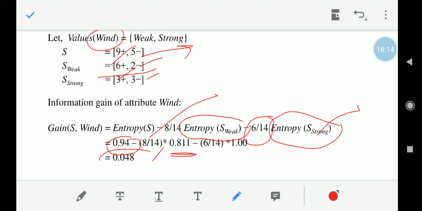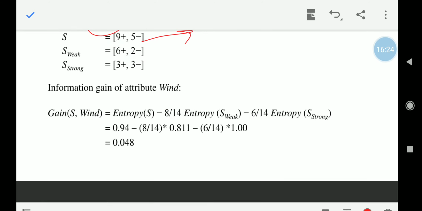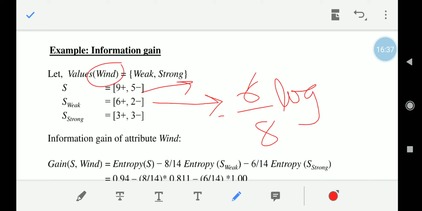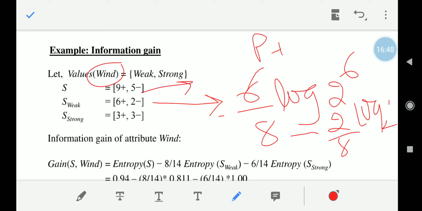The same formula you can use for S. For calculating entropy for weak, I will write 6 by 8, total samples are 8 for only this, minus 6 by 8 log 2 6 by 8, minus 2 by 8 log 2 2 by 8, you will get around 0.8.